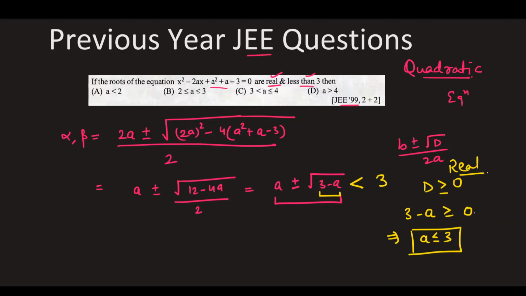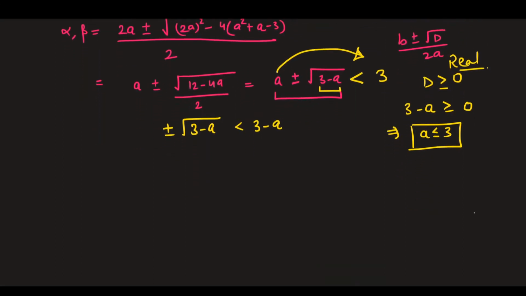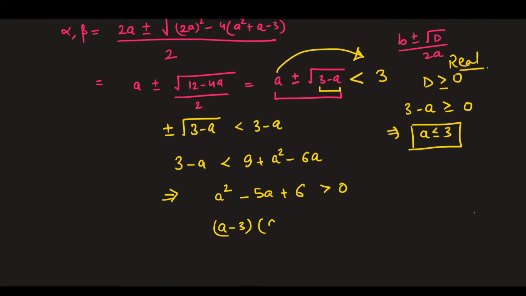If we move this a to this side, we get plus minus root 3 minus a is less than 3 minus a. Just square both sides, we get 3 minus a less than 9 plus a square minus 6a, which implies a square minus 5a plus 6 is greater than 0. If we simplify further, we get a minus 3 into a minus 2 greater than 0.